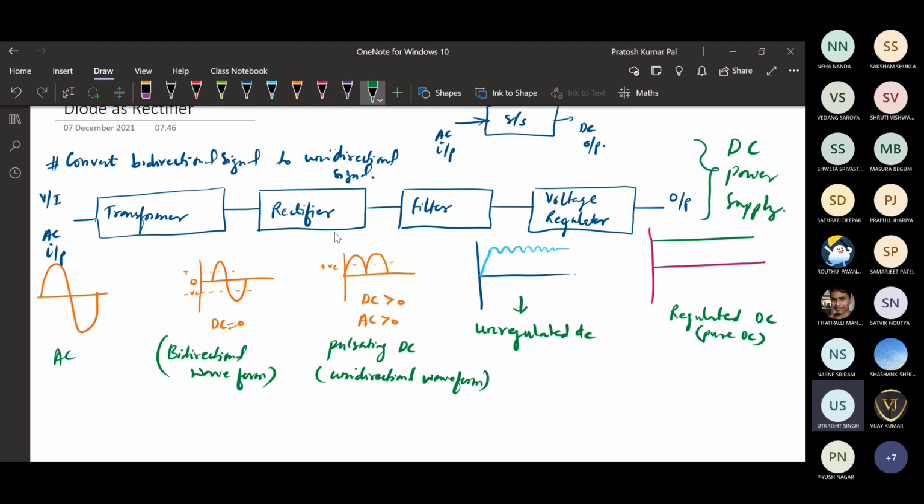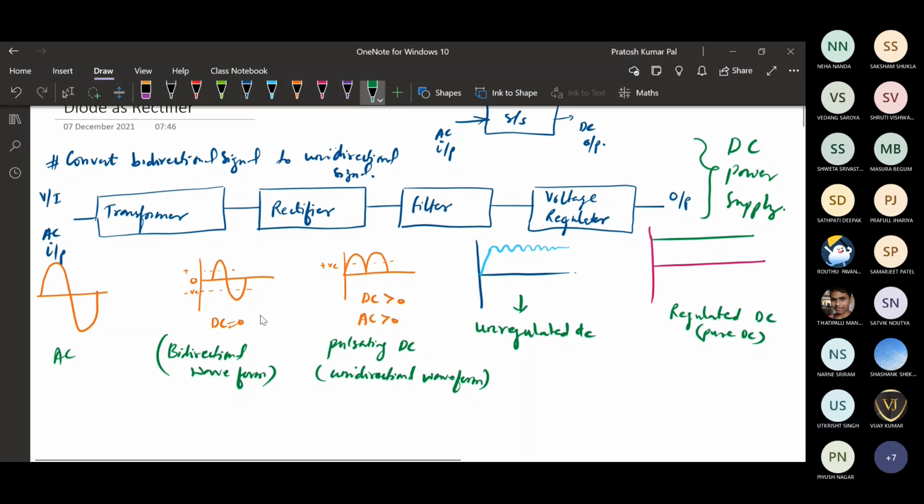So this is your power supply system. Okay, so here you can see the role of the rectifier. It will be converting a bidirectional waveform to a unidirectional waveform. This is the role of a rectifier basically.